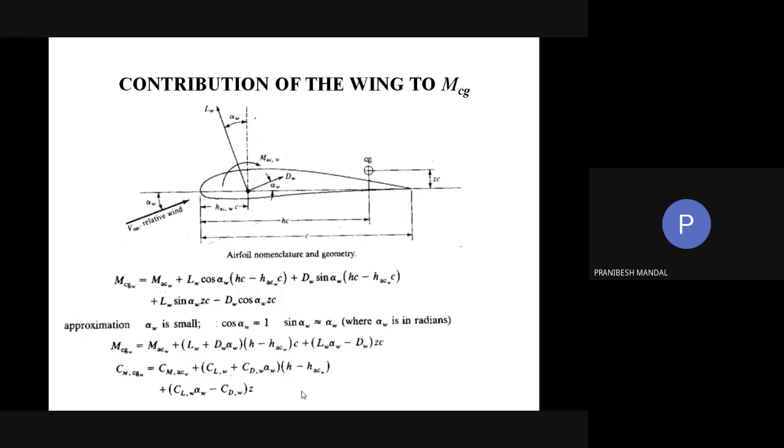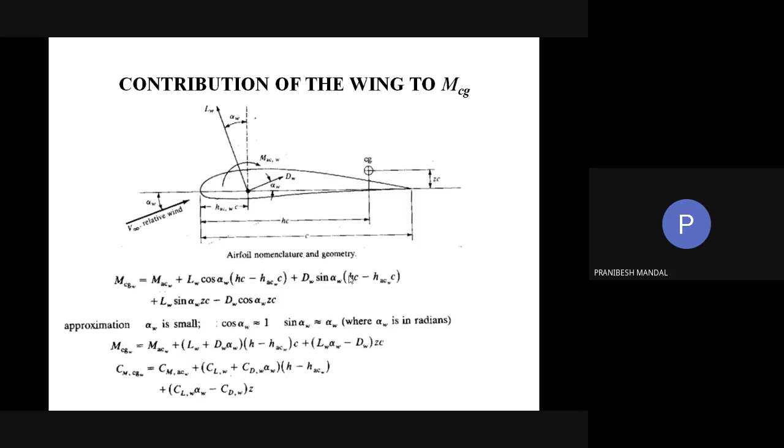Now you see there are further approximations. First of all, what do you think, this particular Z, will it be very high? The vertical distance, can we say that the vertical distance is negligible in place of the horizontal distance? Yes sir, we can neglect. So Z we can neglect. That is at the onset.